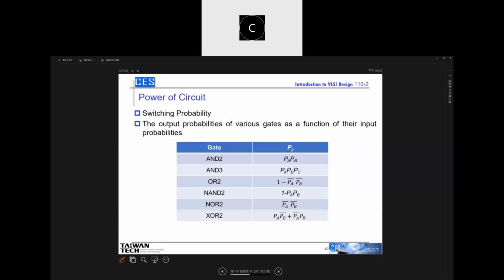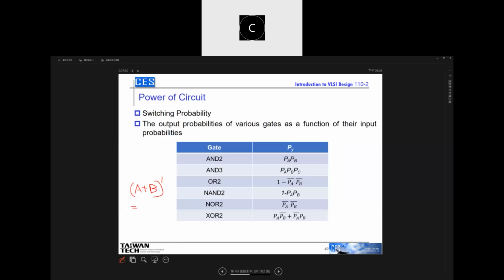Then if we consider the NOR gate, the NOR gate is A or B, complemented.